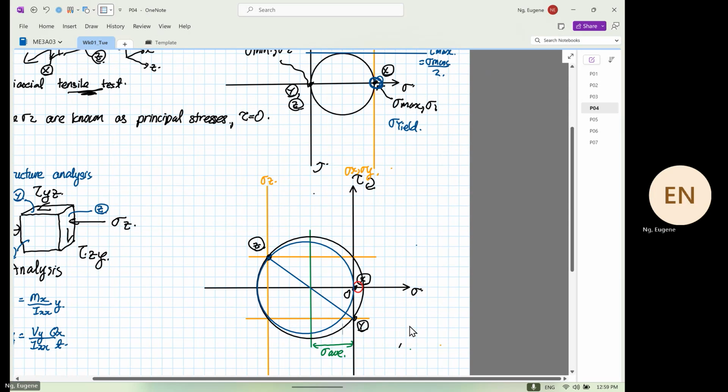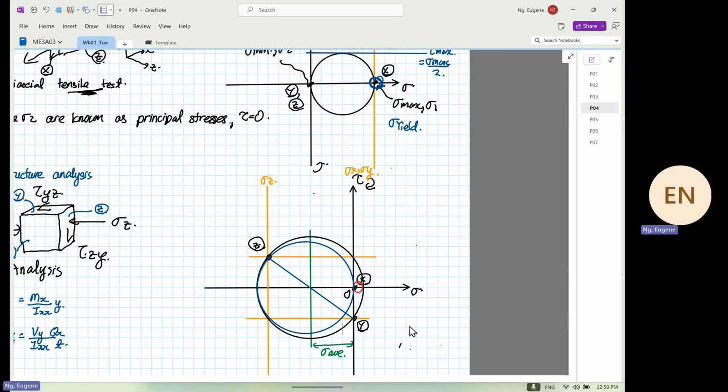There are 2 points over here. For this case, you have a point down here that is known as stress A. And there's another point over here that is known as what? Stress B.